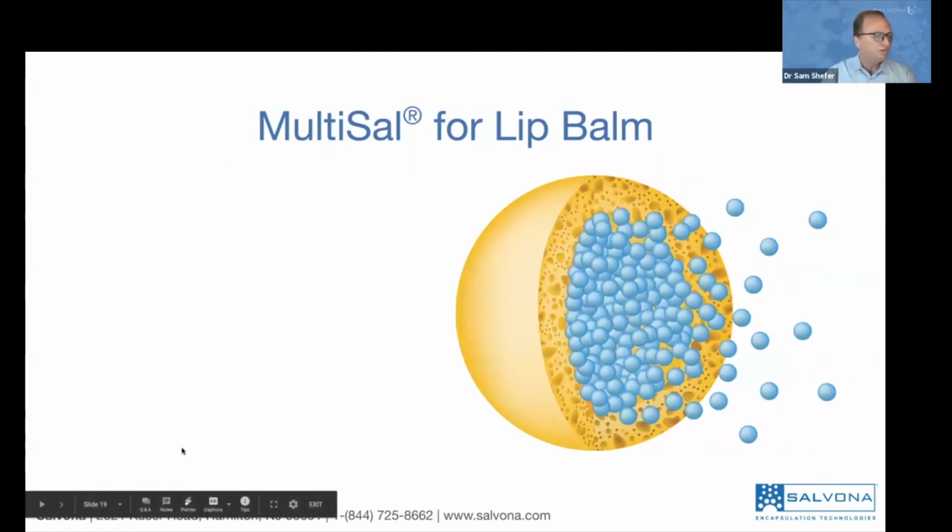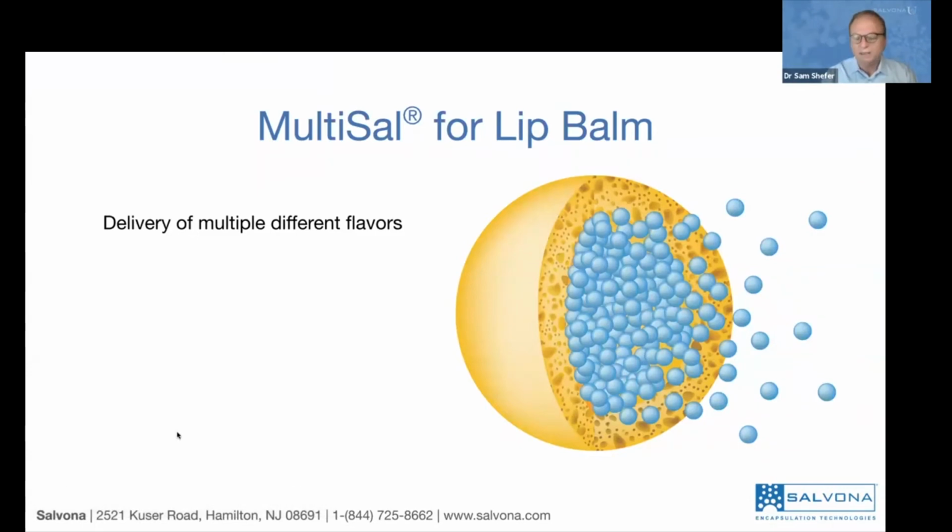So MultiSal for lip balm, if we focus on this, there are various forms. We can release the simple one flavor and make it fresh, juicy, and so on. But there are other things that this technology can deliver, which are unique to this technology. And what are they?